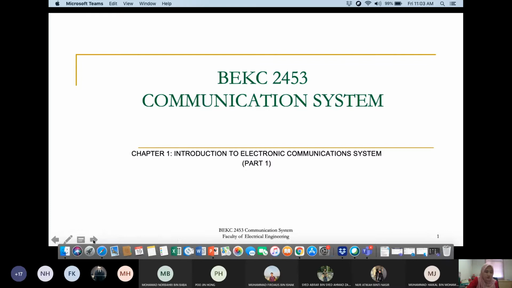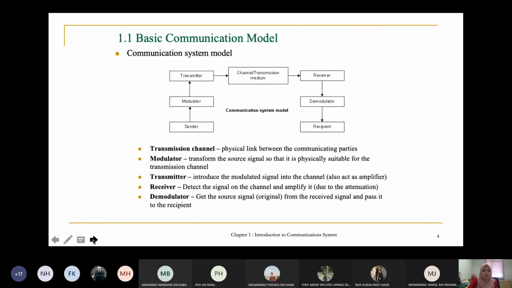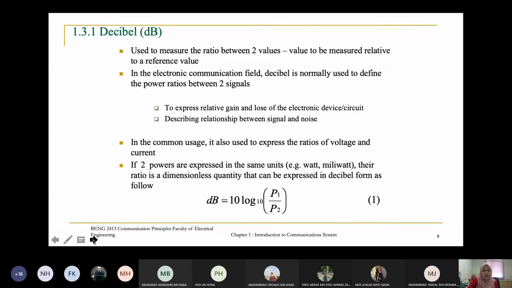If you still remember your slide on Monday, it stated here that this decibel unit is the most commonly used unit, compared to dBm and bel. And this decibel is used to define the power ratio between two signals. You have done the example on how to calculate the power ratio.